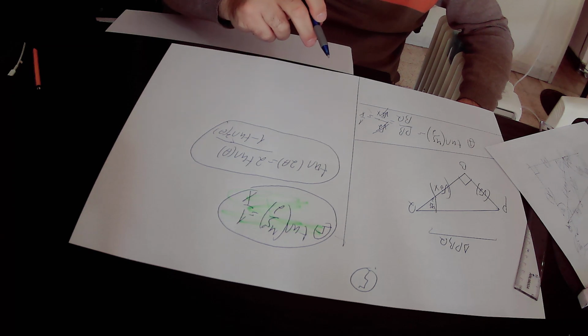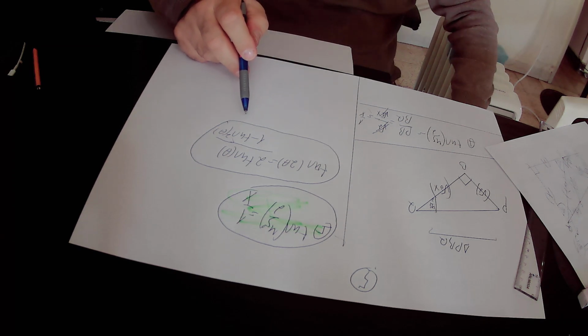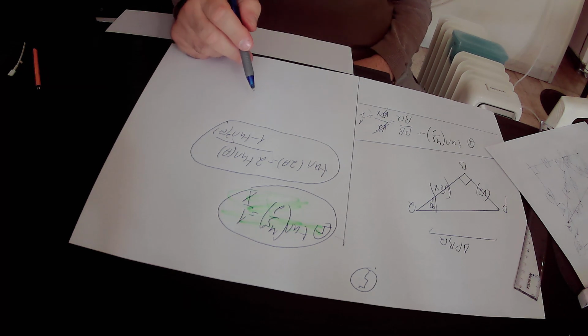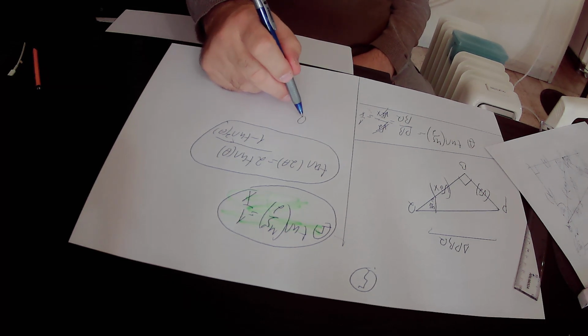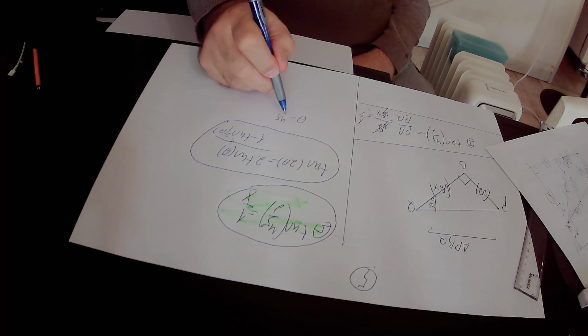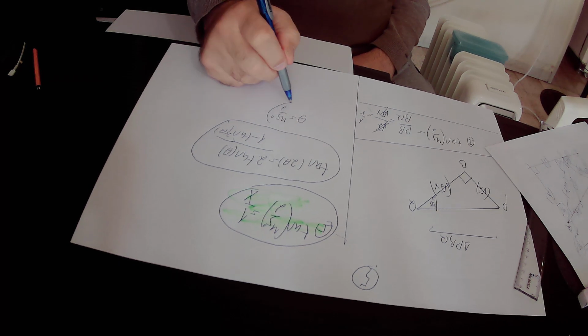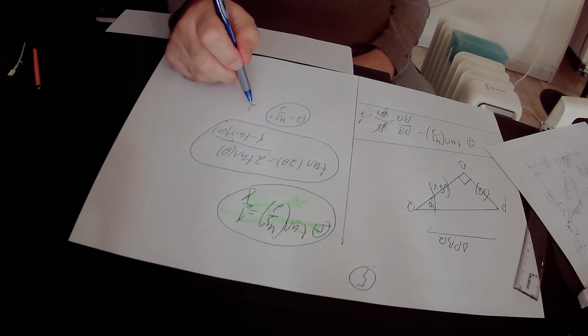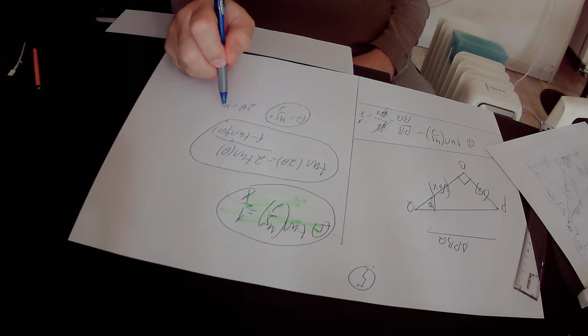So again, tangent 2 theta equals 2 tangent theta over 1 minus tangent squared theta. We will define theta as 45 over 2 degrees. If theta is 45 over 2 degrees, it means that 2 theta is 45 degrees.